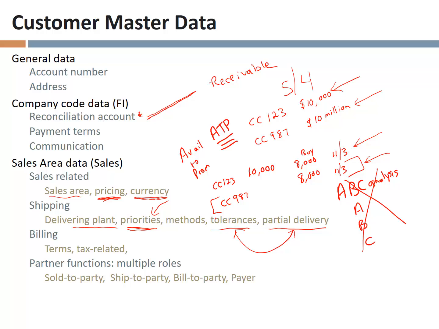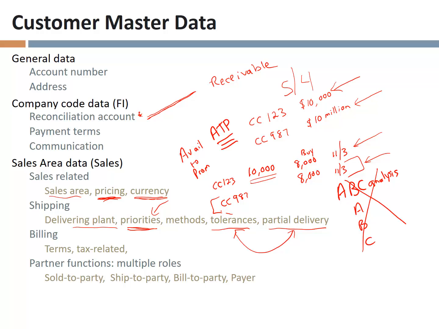Well, we might route the full 8,000 to CC987 and then ship the 2,000 that we still have left to CC123 if they'll take partial deliveries. That might be acceptable to them, it might not. This is where we can record that in our system to know what the customer's preference is.